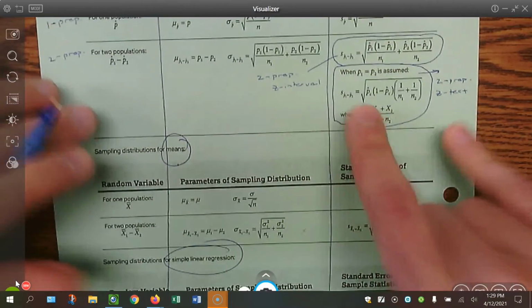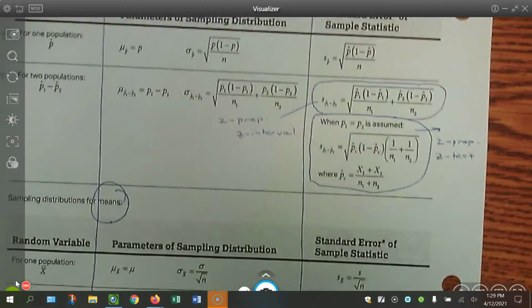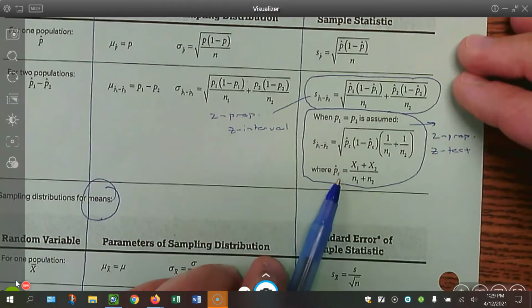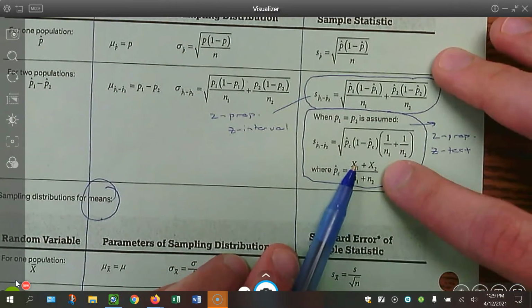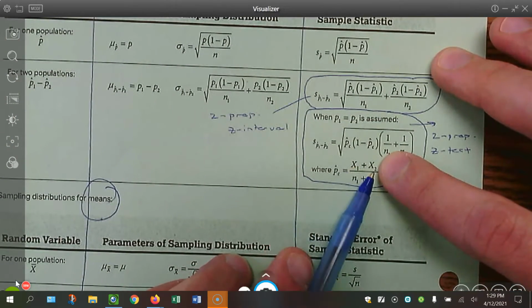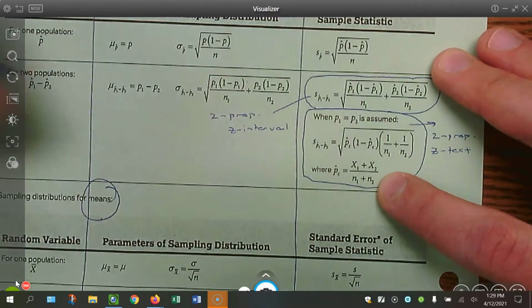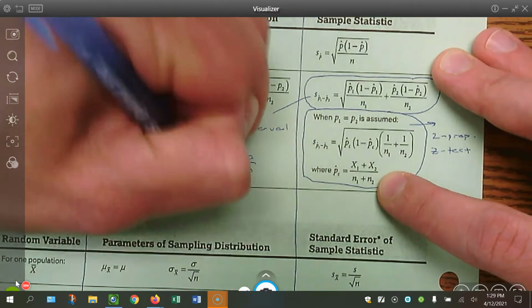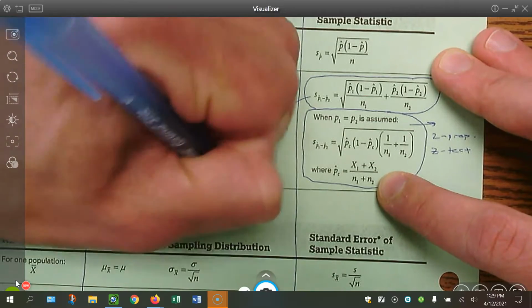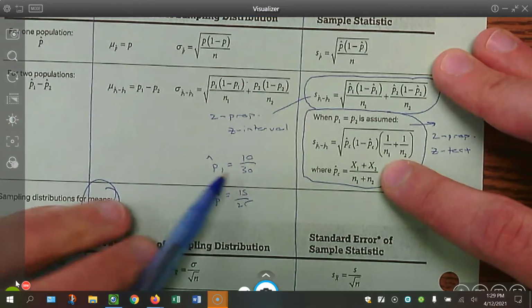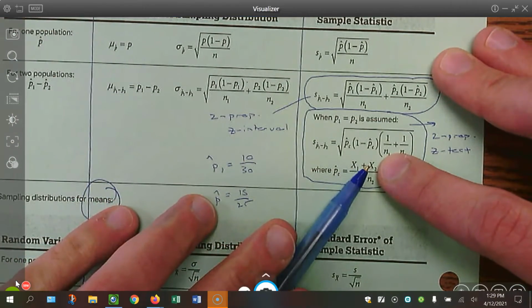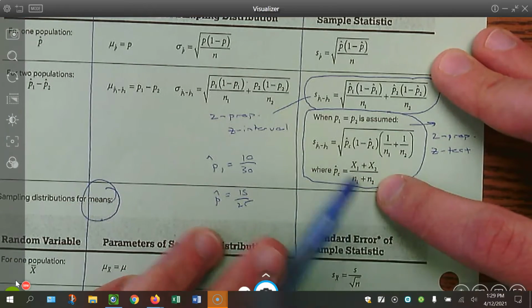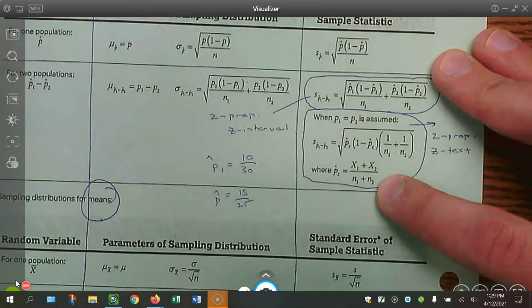Why are we using this for the test? Because we're assuming the two proportions are equal. So we have to get that combined estimate, the number of successes in each group divided by the sample size. So say in group 1, it's 10 out of 30, and in group 2, it's 15 out of 25. I would do 10 plus 15 divided by 30 plus 25 to get that combined estimate and plug it into that formula.